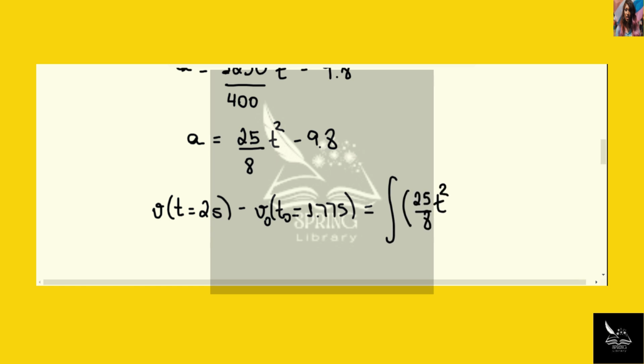And the change in speed, so the speed at t equals 2 seconds, and the speed v0 at t0 equals 1.77 seconds, is equal to the integral of a, which is 25 divided by 8 t squared minus 9.8 dt, from t0 to t.